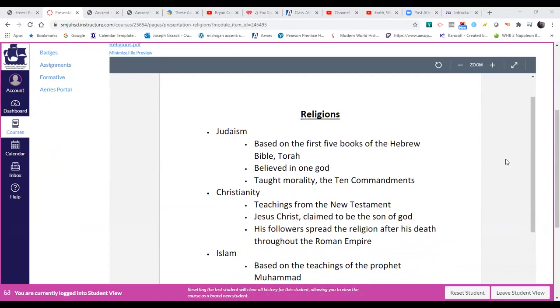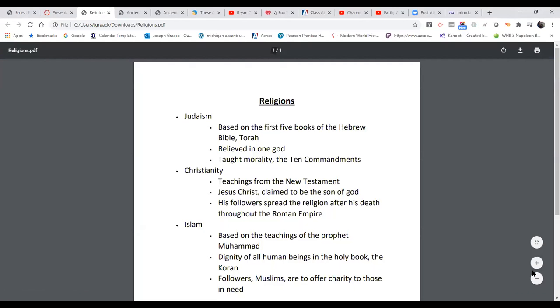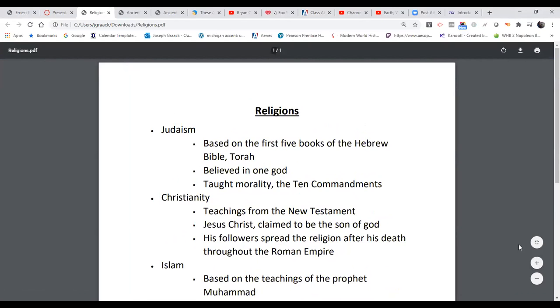Even 600 years after that, with the rise of Islam, you'll see a number of people start to believe in monotheistic religions. Polytheistic is many gods, monotheistic is one.